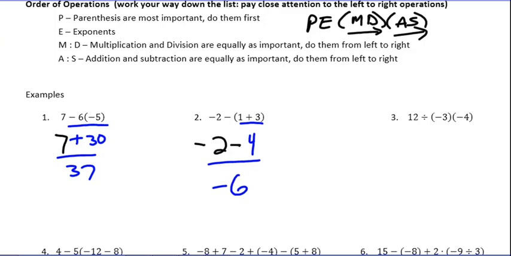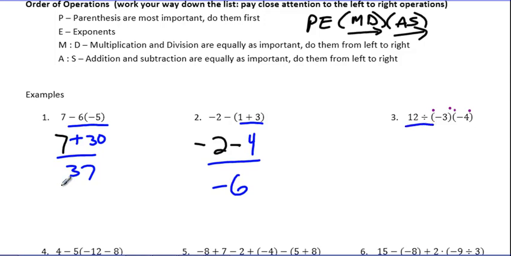Looking at the next one. I have division, I have multiplication. Do not let these parentheses fool you. There is no operation to do inside of those, and there is no operation to do inside of those. Those parentheses are there to hold the negative with the number to show multiplication.